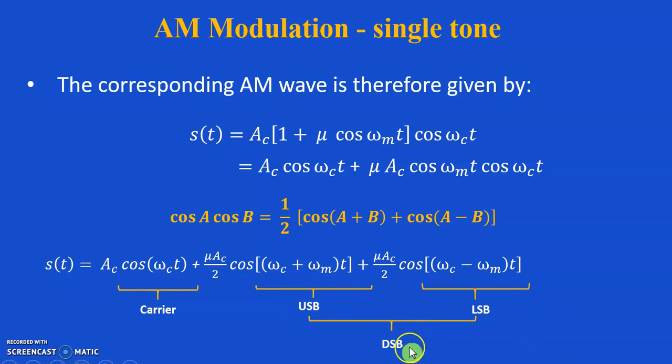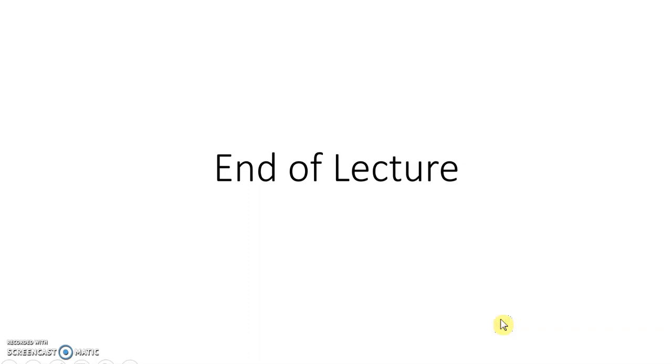Both of them we call the double sideband frequencies. So we have three components. The pure carrier has no information, so the information only exists in the upper sideband and lower sideband.